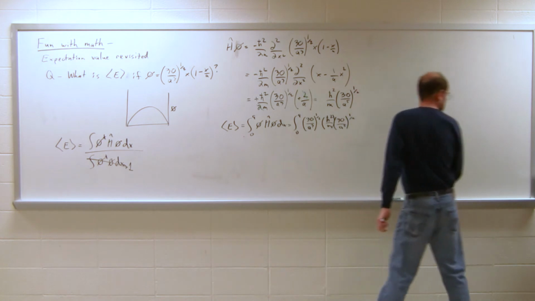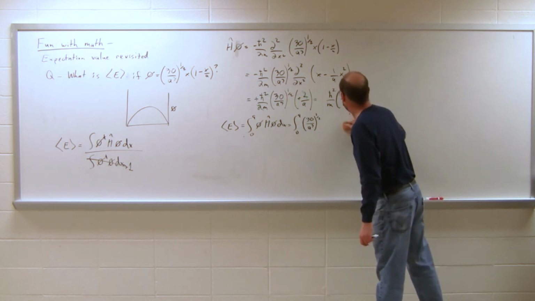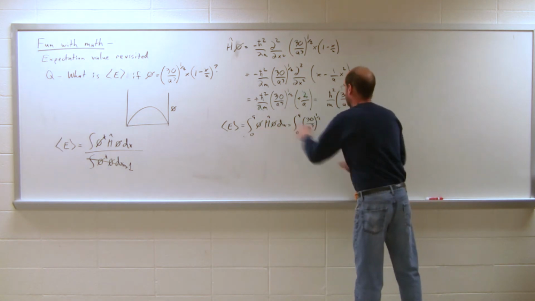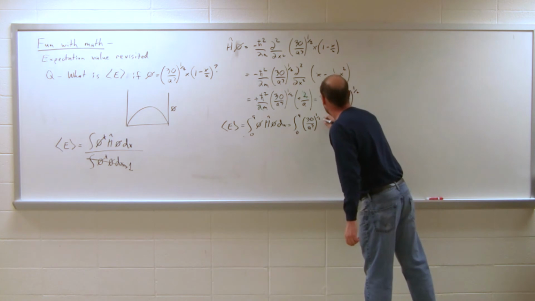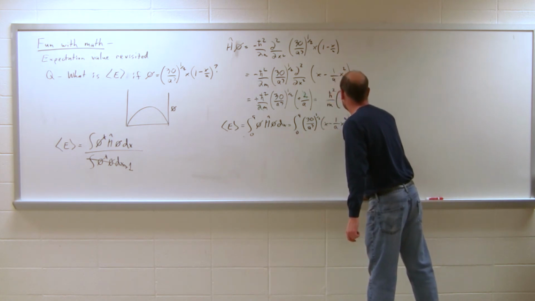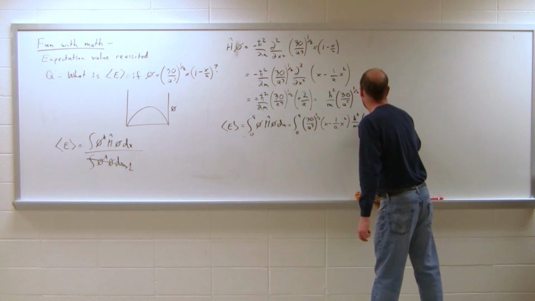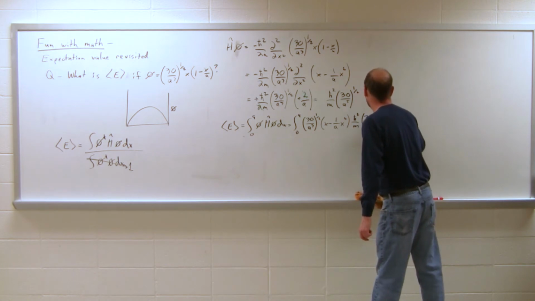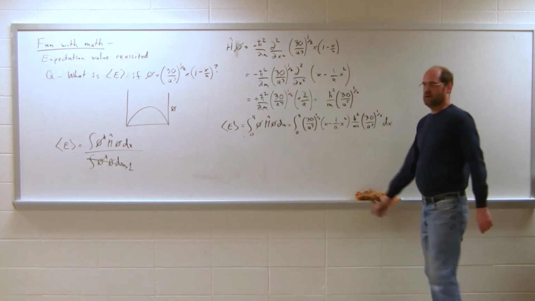Oops, I'm sorry, I forgot something. I forgot the wave function here. So looking at psi again is going to give me x minus 1 over a x squared. Now I can put in my constants: h bar squared over m, (30 over a to the 5th) to the 1/2 dx.